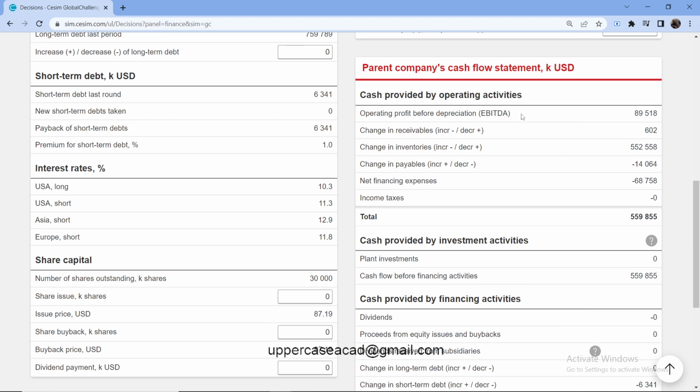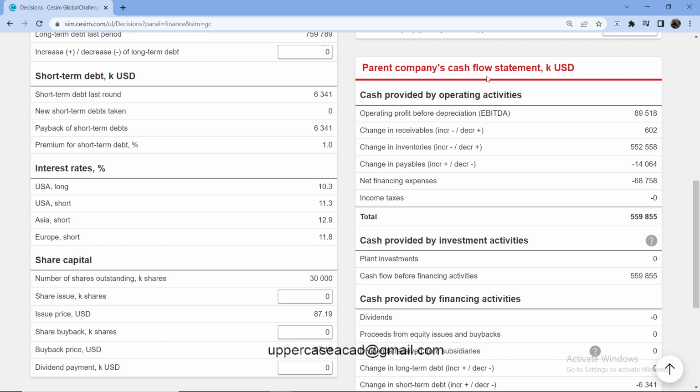Let's move down. You have the parent company cash flow statement. You should note that operating at a loss will decrease the buyback price for my shares. So I should ensure that I'm operating my company on a profit basis.